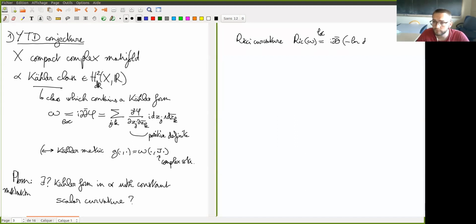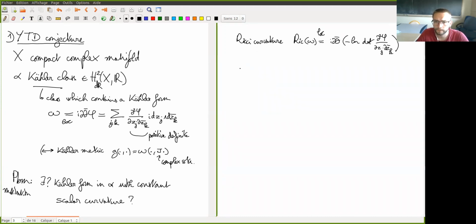It can be defined locally if omega is given locally by this function phi, by i ddbar of the function defined in terms of phi by this expression. I take minus the log of the determinant of this matrix here, which is Hermitian positive definite, so that gives me a real valued function.